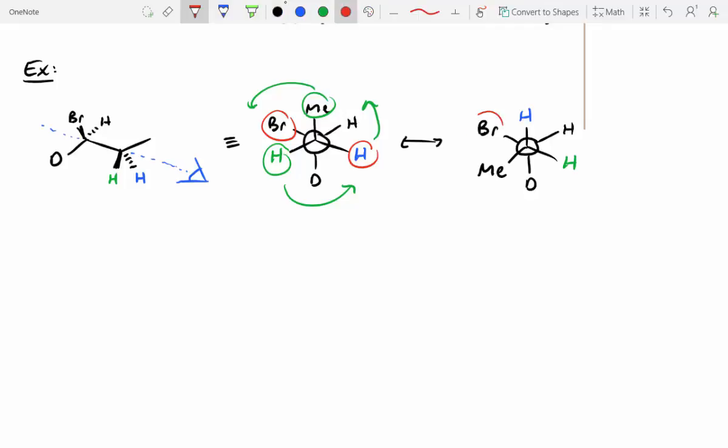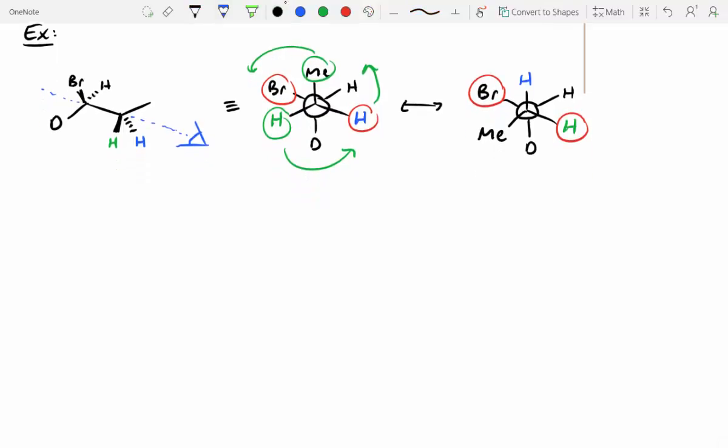So now in this conformation, we've got a couple different products that might be possible, right? So let's go ahead and consider this. And I want to redraw each of these using our Newman projection, or our 2D bond line structure.